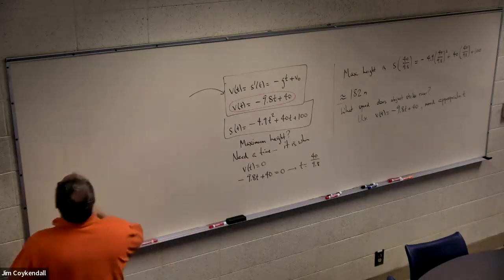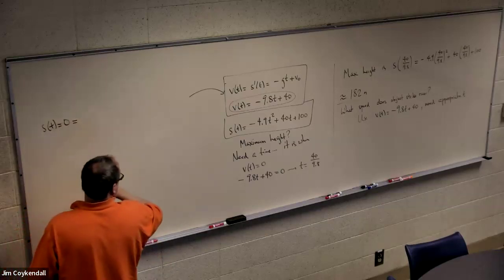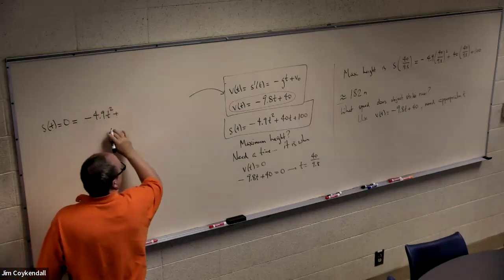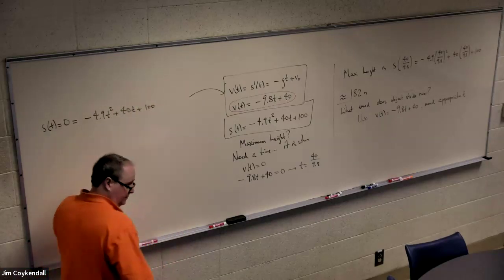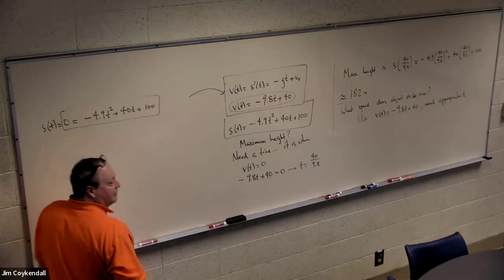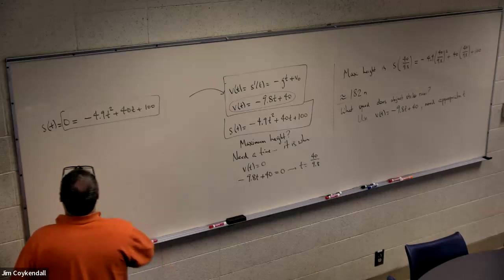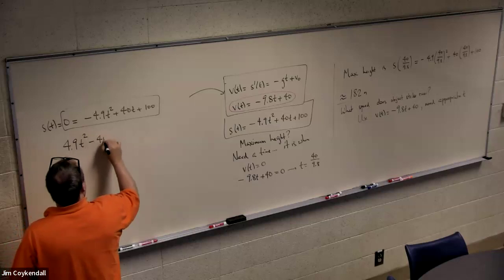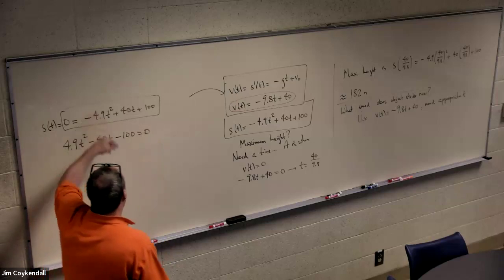So you have to solve this equation to get it. So what do I get here? I set minus 4.9t squared plus 40t plus 100 equal to 0. I'll just change the sign of that.